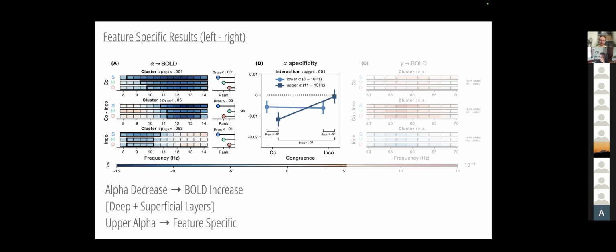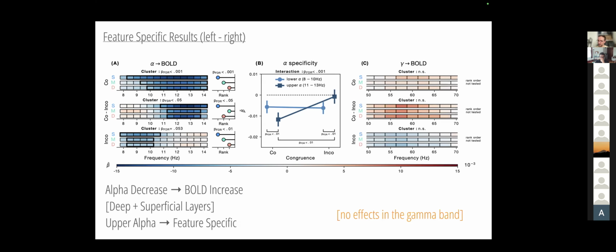This means this feature-specific response seems to be mostly driven by the upper alpha range. And going back to the congruent minus incongruent contrast in the layer results, being mostly in superficial and deep layers, I will explain how we interpret these results a bit later, but just so that you have seen it there.